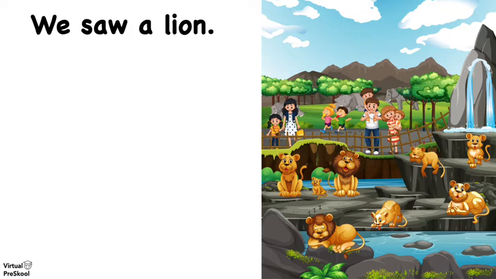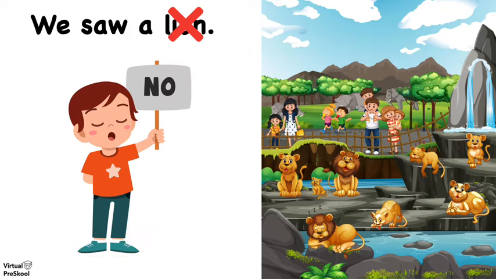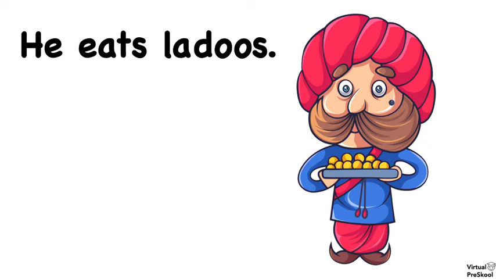Take a look at this sentence. We saw a lion. What's the direct object? Lion. If we got rid of lion, would the sentence make sense? It would be we saw a. Would the sentence make sense? No. Look at this sentence. He eats laddus.